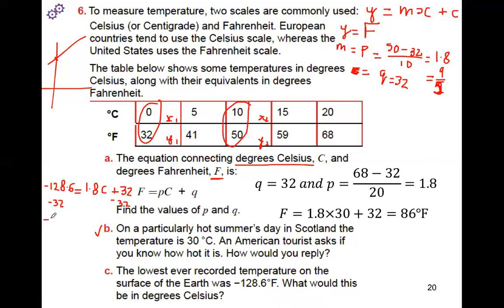So you end up with negative 160.6 equals 1.8 C. Now your next thing to do: you've got 1.8 times C. To get rid of that 1.8 times, you do the inverse of times, which is you divide by 1.8 each side. So your answer divided by 1.8, and that should give you your temperature.